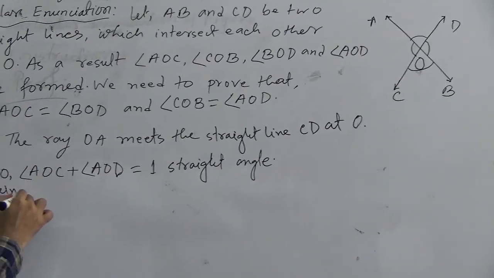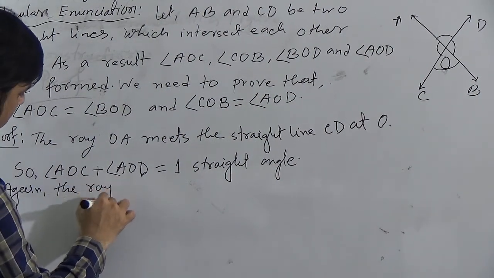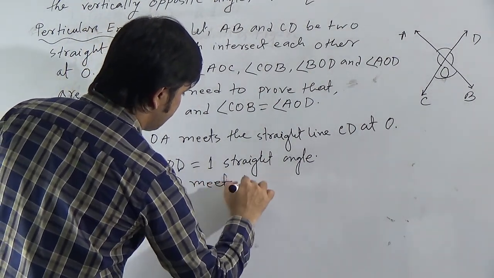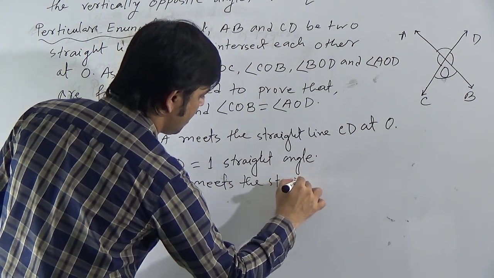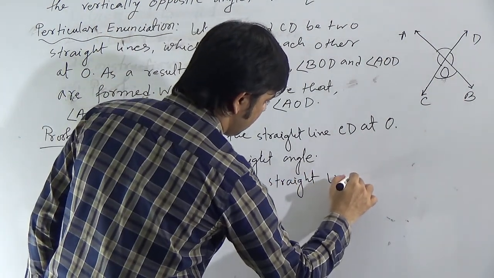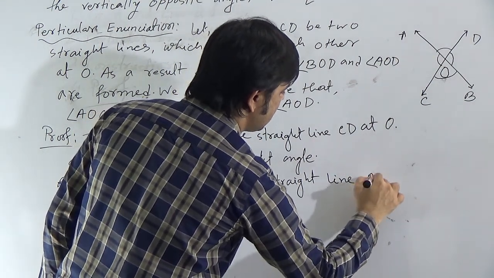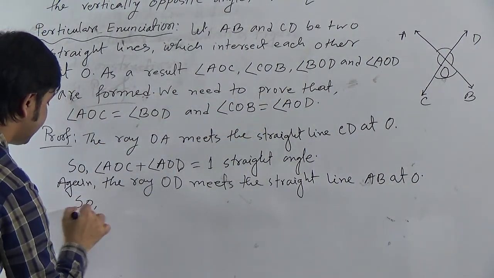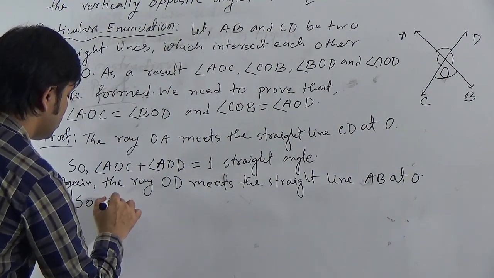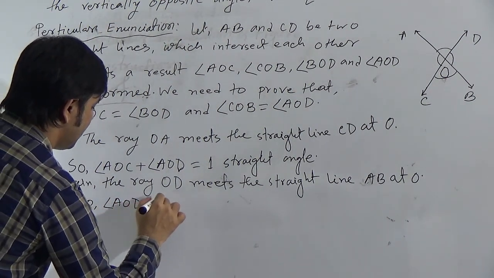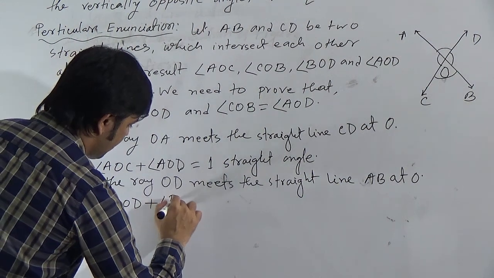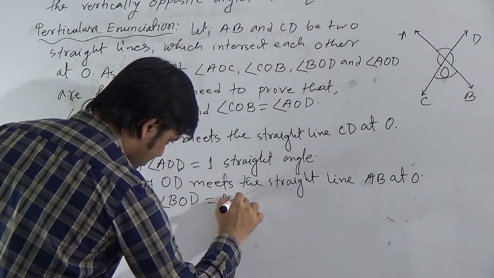So we can write again: the ray OD meets the straight line AB at O. So we can write angle AOD plus angle BOD is equal to one straight angle.